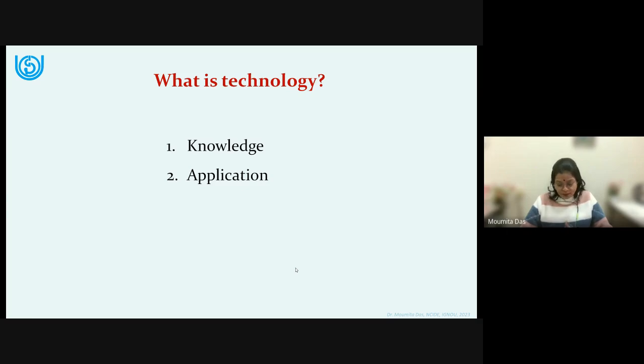For example, it has the physical component, which comprises the products, tools, equipment, blueprints, techniques, and processes, and also the informal component, which consists of the know-how, the knowledge about the management aspects, marketing aspects, the commercial aspect, the production aspect, quality control, and such things. So technology is a combination of knowledge and application in very big, different dimensions.